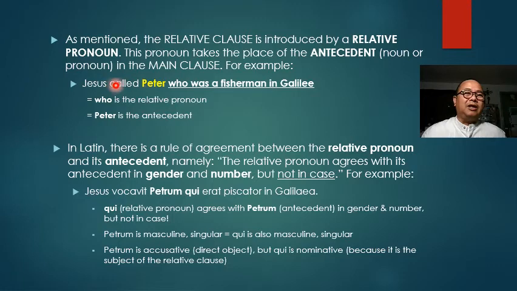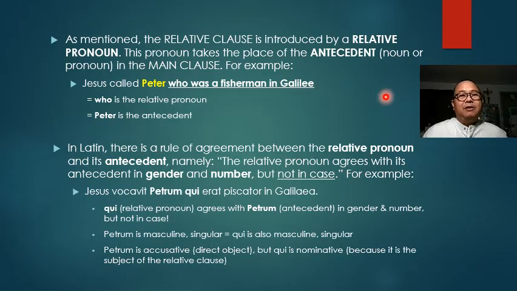Analyzing the main clause: Jesus, subject, called, verb, Peter, direct object. Analyzing the relative clause: who is the subject, was, linking verb, fisherman, complement noun, in Galilee, adverbial, a prepositional phrase.